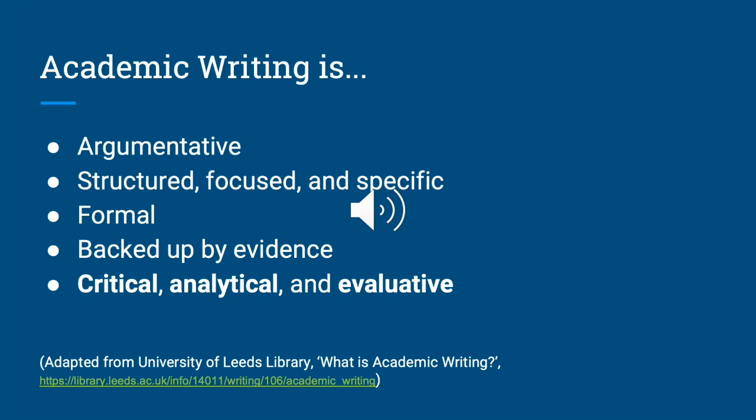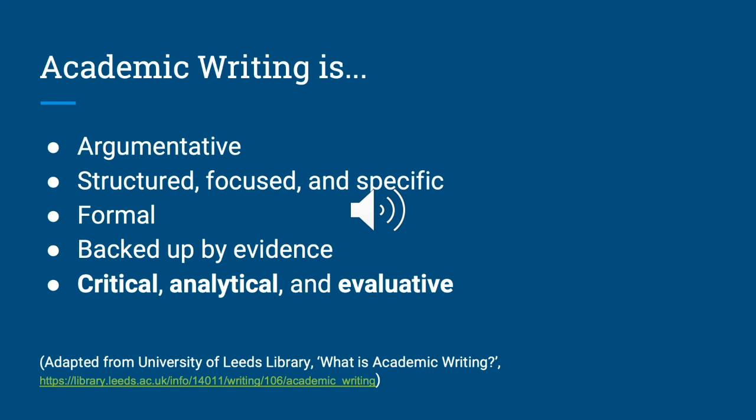Furthermore, you want to make sure that your argument, which is central to your academic writing, is always backed up by evidence. This may take the form of data sets, this may take the form of surveys, it may take the form of outside critical evidence from other scholars in your field. But academic writing also is critical, analytical, and evaluative.